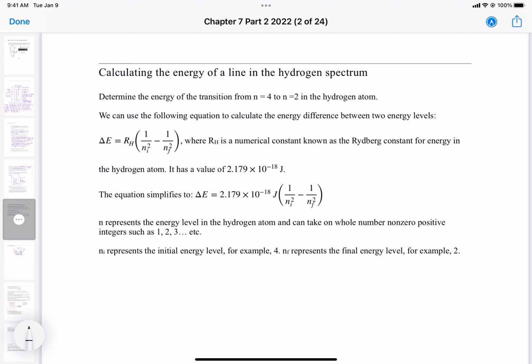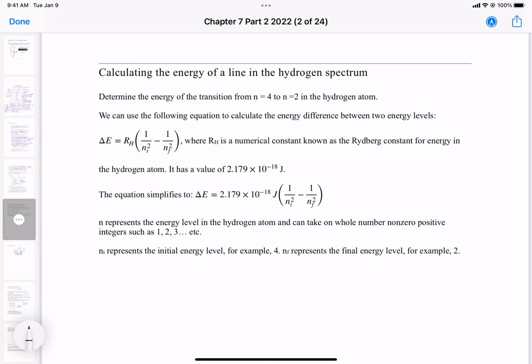All right, let's go over the first one. We can use this equation to calculate the energy difference between the energy levels.